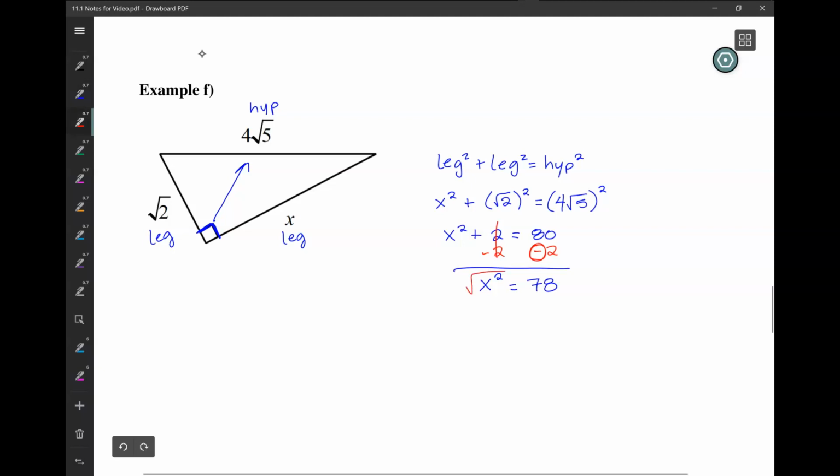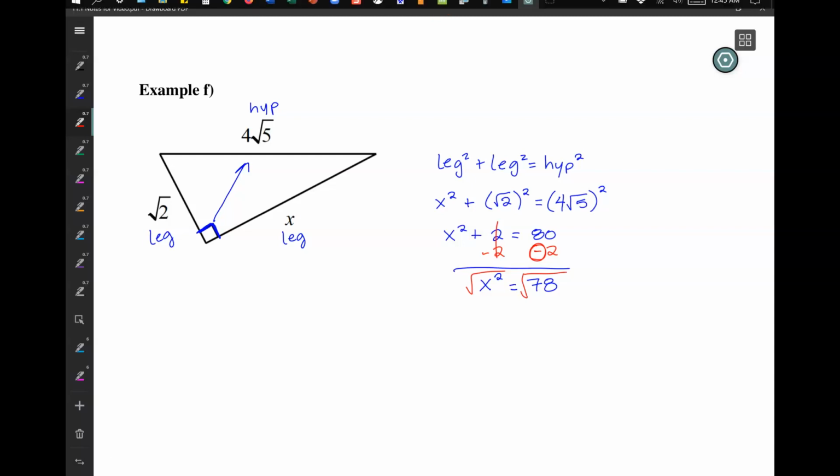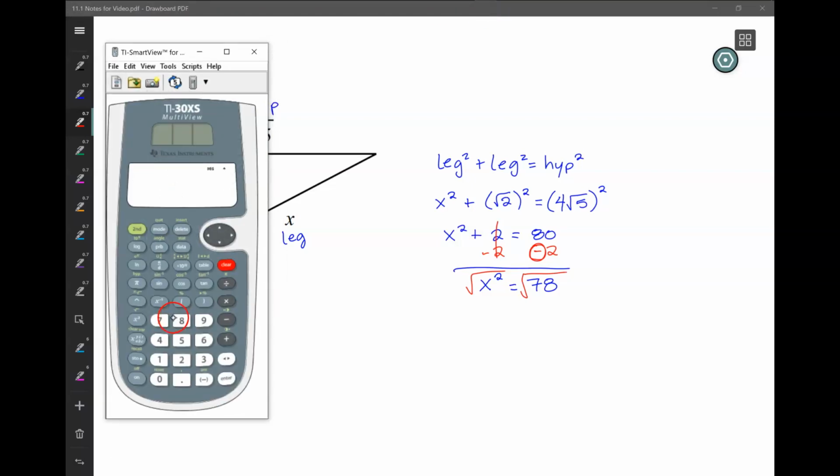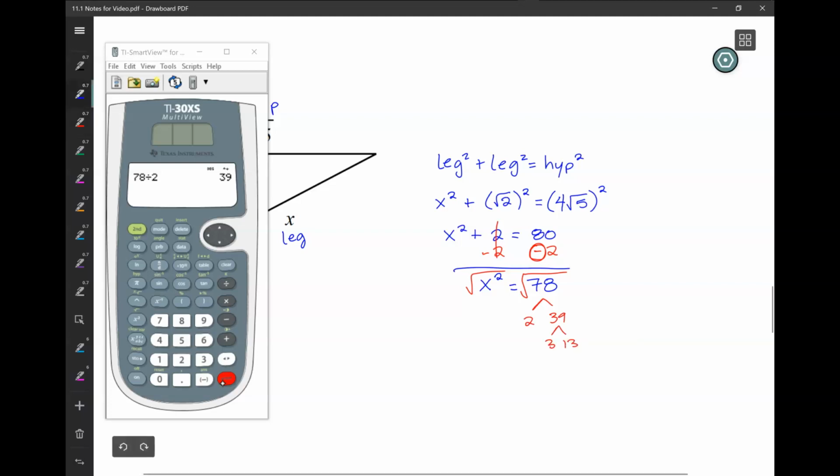Take a square root. Well, let's see. 78 can be divided by 2. That gives me 39. And 39 is 3 times 13. And those are all prime, and there aren't any pairs. So that means that that square root can't be simplified.